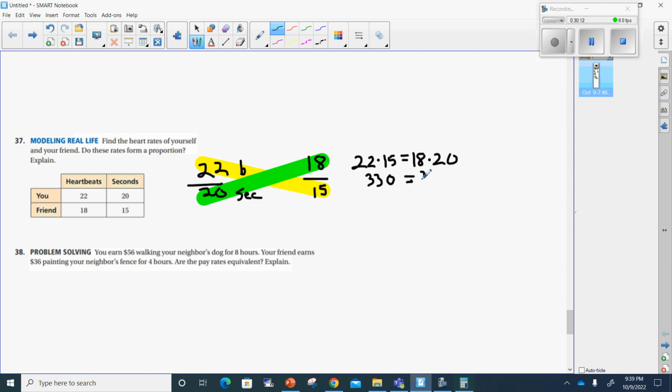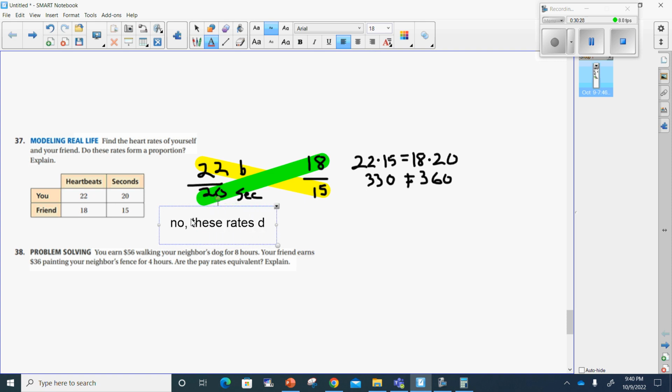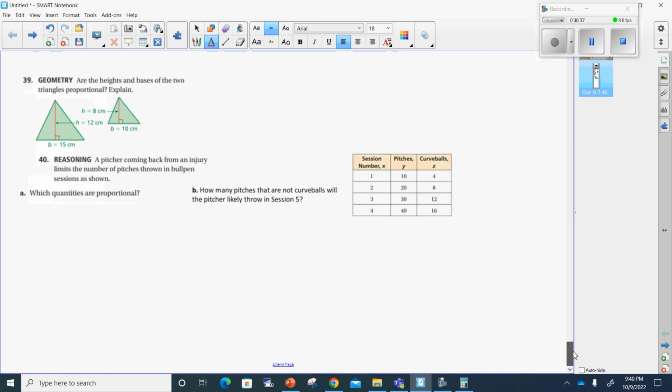That equals 360. They do not equal each other. So do these form a proportional relationship? No. These rates do not form a proportion. All right. I'm headed to number 39.